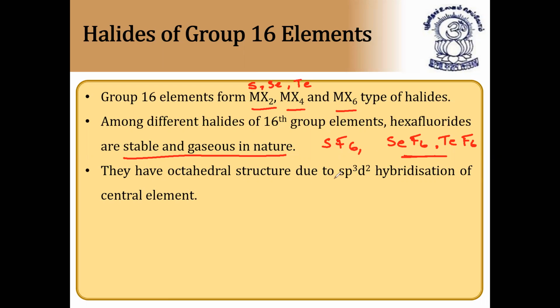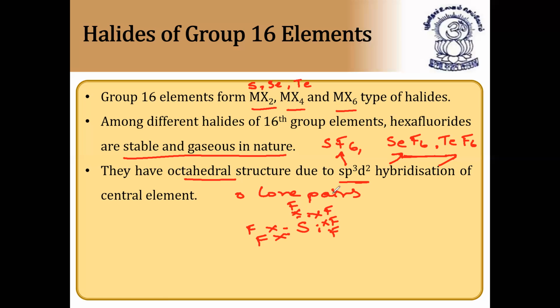They have octahedral shape. What is the hybridization in this? sp3d2 hybridization is present in the central element, and they have octahedral structure with zero lone pairs. Since sulfur has 6 valence electrons, 1, 2, 3, 4, 5, 6, all the fluorines will attack this sulfur, so 6 electrons will be shared by 6 fluorines.